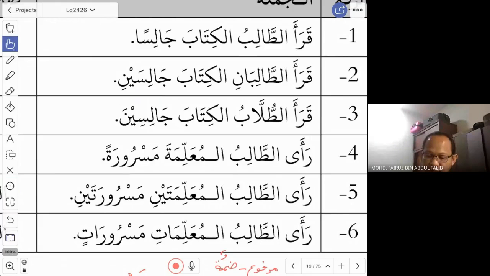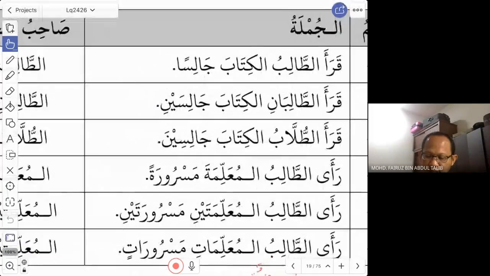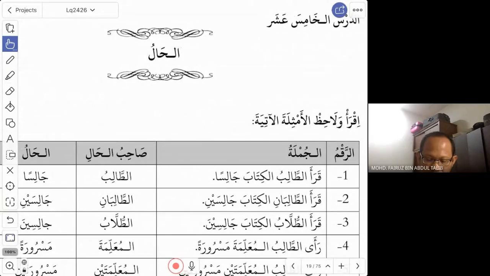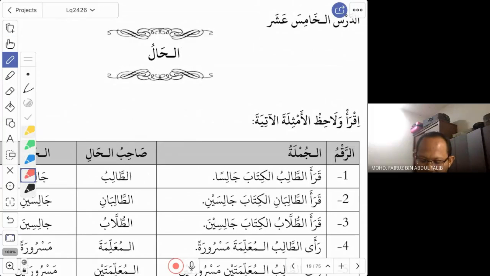Good. So when a word is musanna, how many versions do you have for the word? We take, for example, the word Muslim, and you want to say 2 Muslims. What do we do? We say Muslimani. That is the first version.